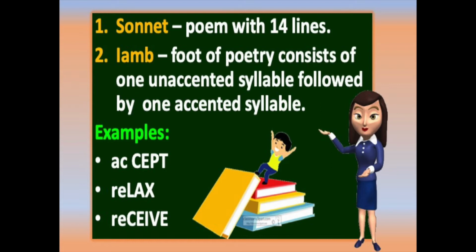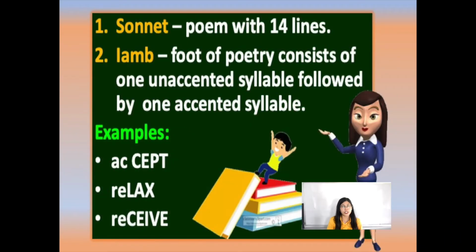So iamb is a foot of poetry, consists of one unaccented syllable followed by one accented syllable, meaning those stressed syllables and unstressed syllables. So example, we have here accept.